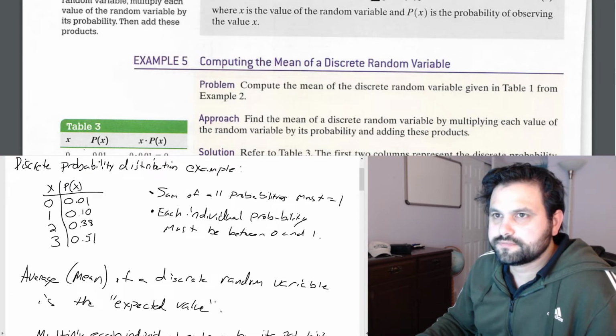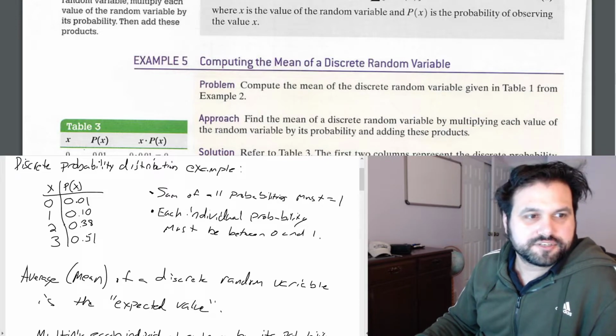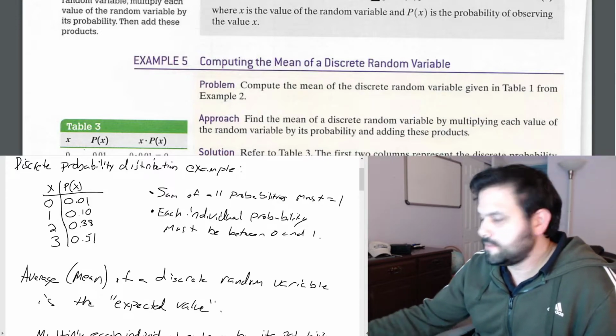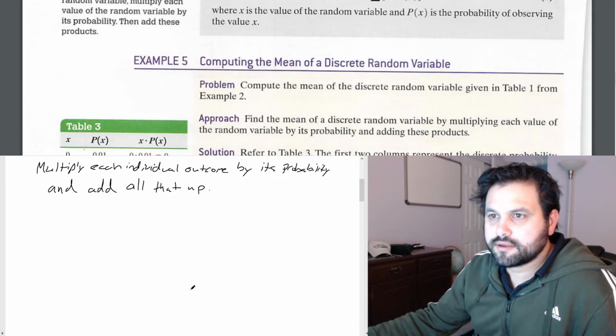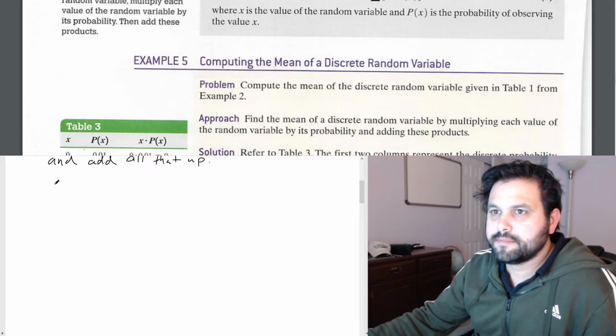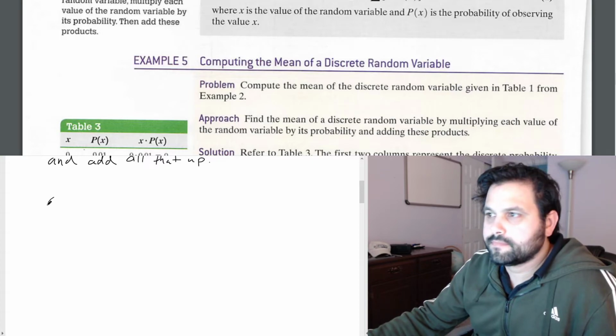There's our distribution. Let me rewrite it down here. 0, 1, 2, 3.